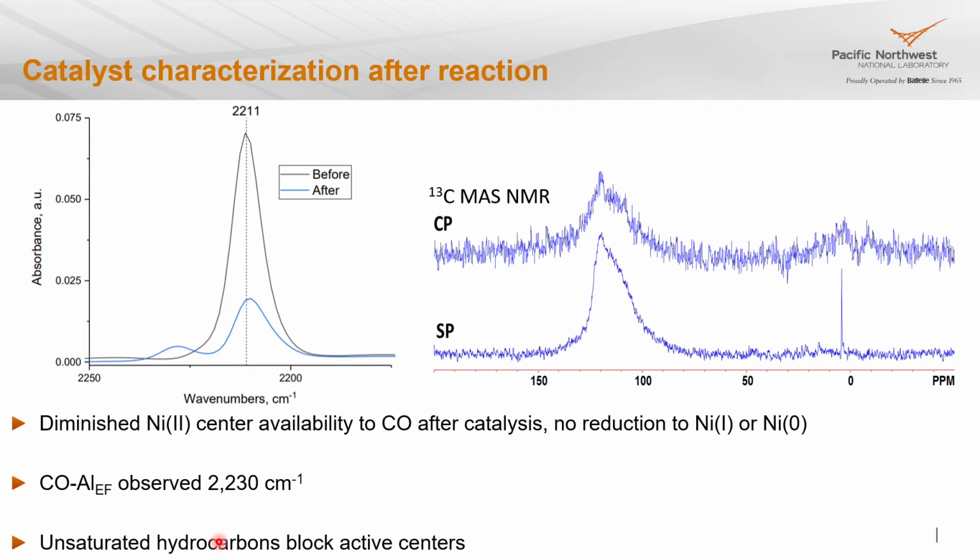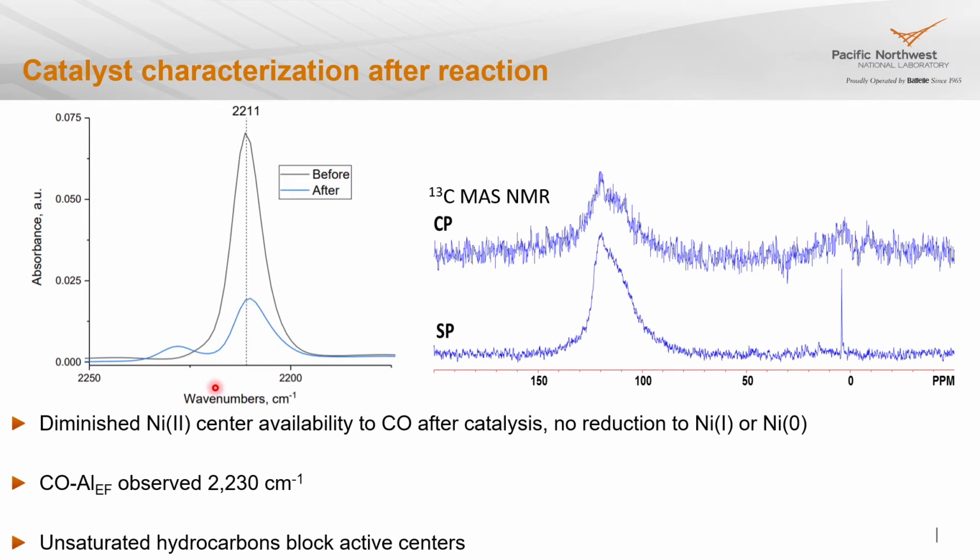Characterizing the material after reaction shows that our nickel 2+ center has diminished availability to the CO after catalysis. So that peak is much smaller, but we also do not see any reduction or features that would indicate a reduction to nickel 1 or nickel 0.